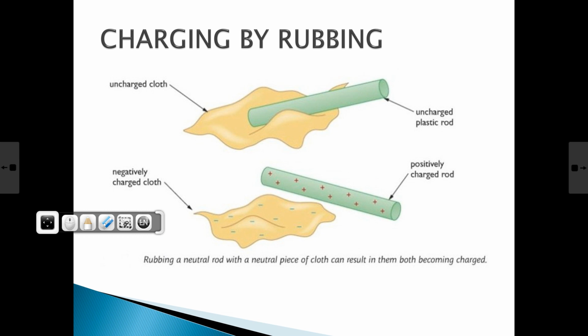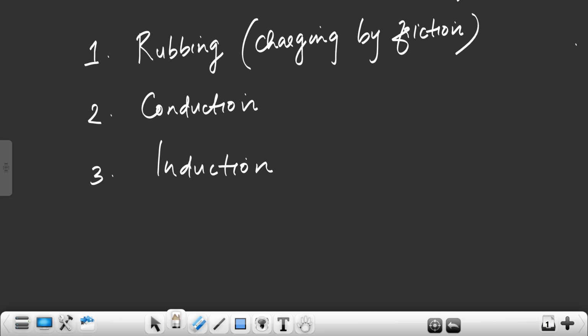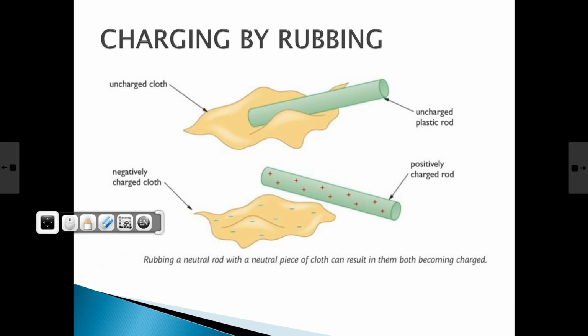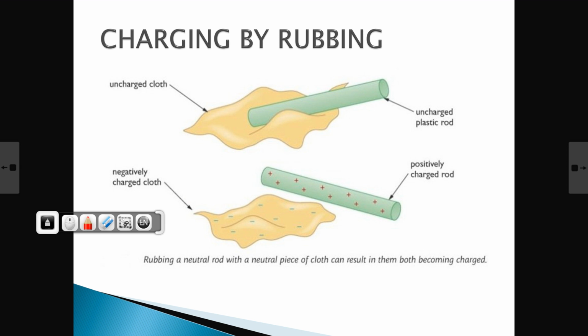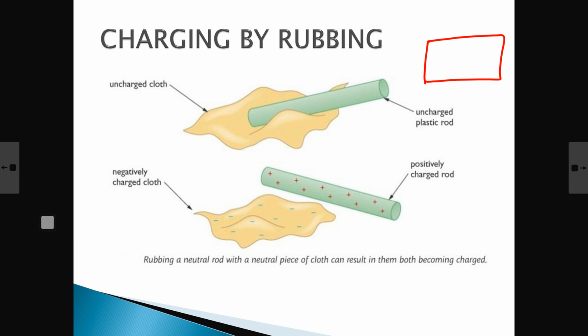First, charging by rubbing. Here, we have an uncharged piece of cloth and an uncharged plastic rod. What happens when they are rubbed together? Since the cloth is uncharged, it contains an equal number of positive charges and negative charges.